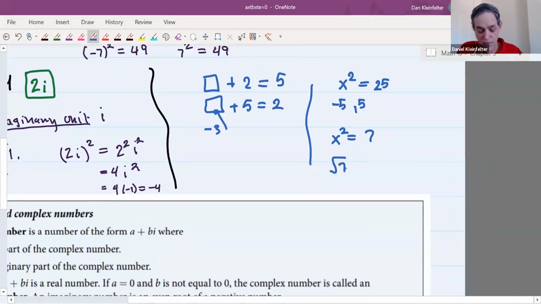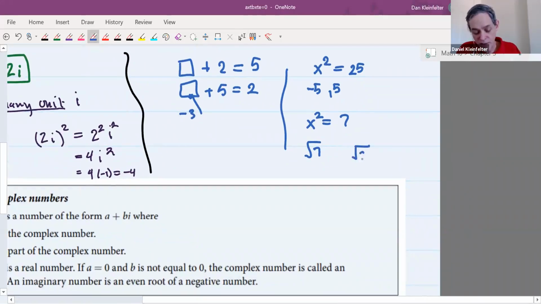Square root of 7. Okay, why? Because if you take the square root of 7 and square it, you're going to get 7. So basically, we defined this thing, so now in yellow, we defined this thing to be the solution of this equation because we needed a solution for that equation. So we defined this thing to represent that solution.